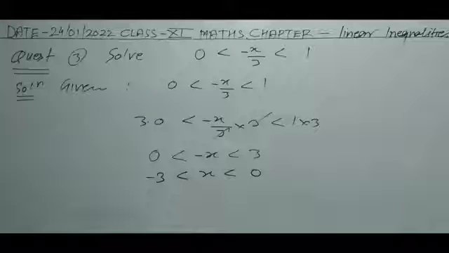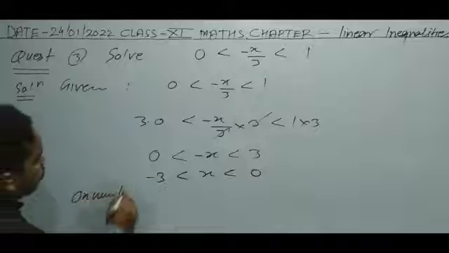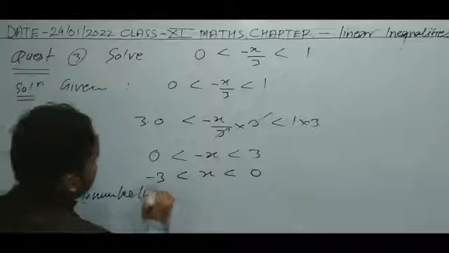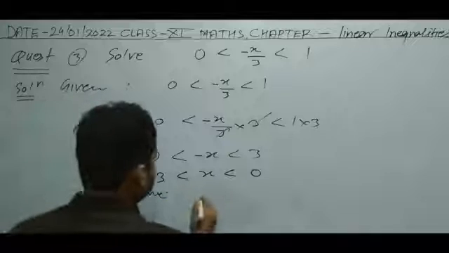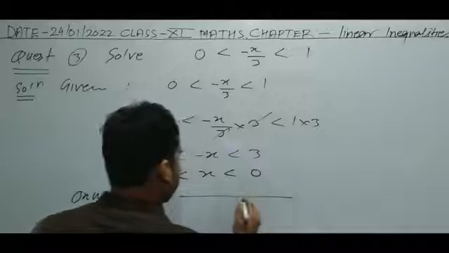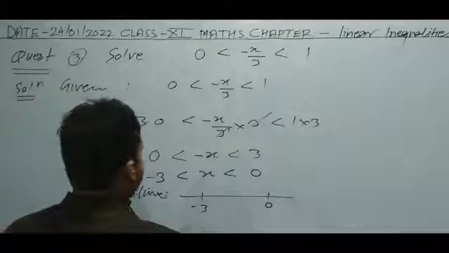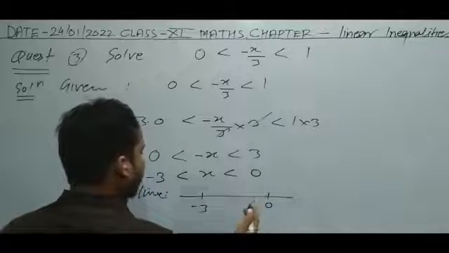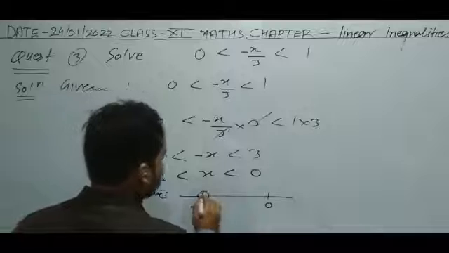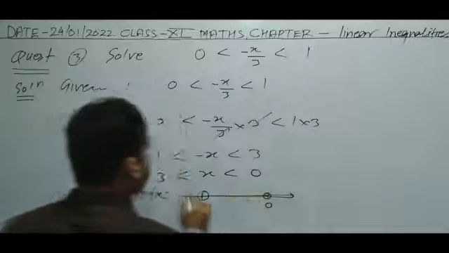Now greater than minus 3 and lesser than 0 on number line, we can write 0, this is minus 3. So this is greater than minus 3 and lesser than 0.